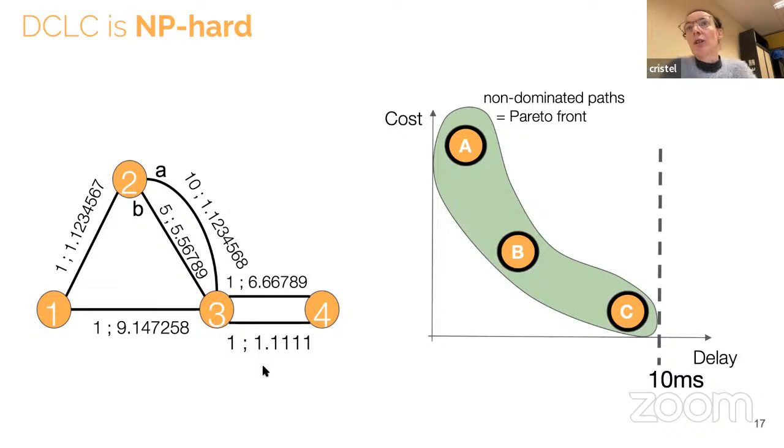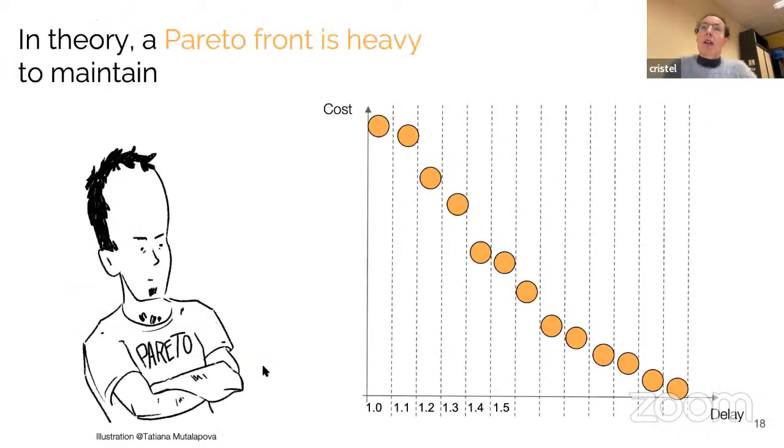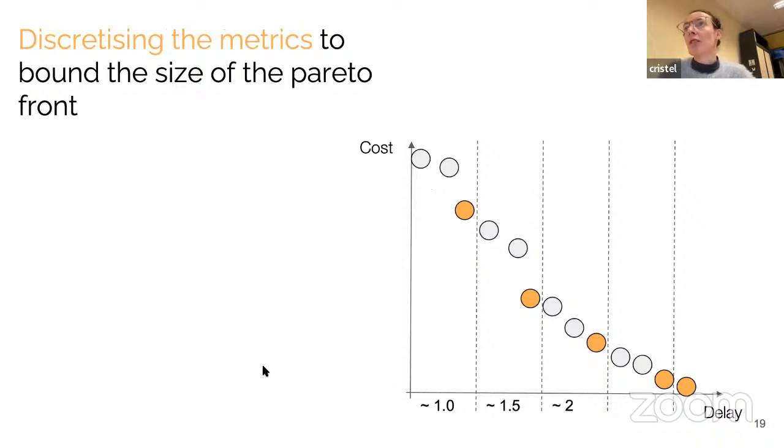So we have these non-dominated paths, which consist of the Pareto front, and we have to maintain this front. A Pareto front is heavy to maintain in practice, but we are trying to solve a real problem, which is finding paths that meet a delay constraint. But we know that when we measure the delay in a network, we have some inaccuracies.